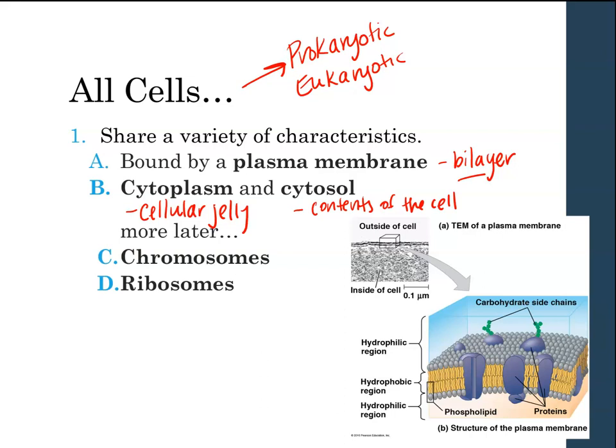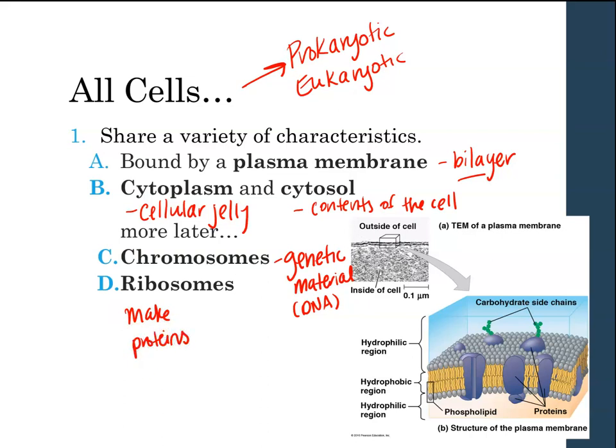All cells also have chromosomes. So chromosomes are our genetic material. It's our DNA. All cells have to have some instructions for life. And then all cells have ribosomes. So ribosomes are structures that make proteins.